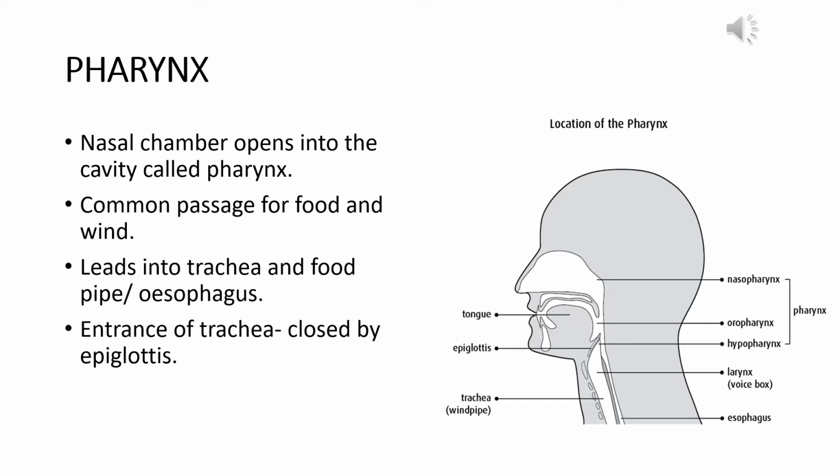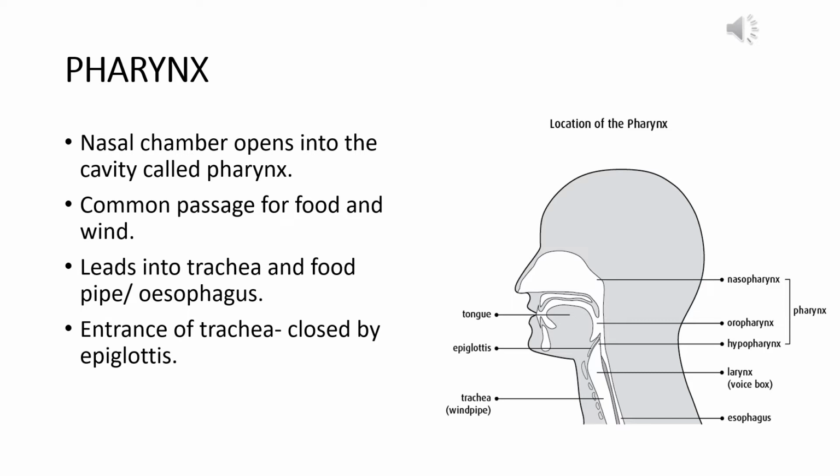Where the oral chamber opens, just below the nasopharynx, is called the oropharynx, and the lowermost chamber of the pharynx is called the hypopharynx. These three parts constitute the common chamber of the oral and nasal cavities, called the pharynx.